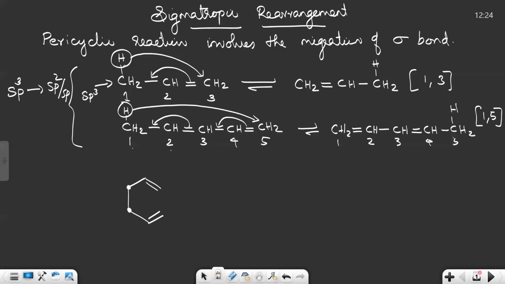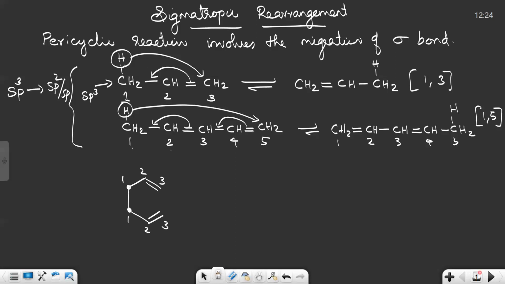There is no complete conjugation of double bonds there. In between there are two sp3 carbons, and after the sp3 carbon there is a double bond, right? So as we did in the previous two examples, the sp3 carbon should be given carbon number 1. So carbon number 1, carbon number 2 and 3 here, 1, 2, 3 here.